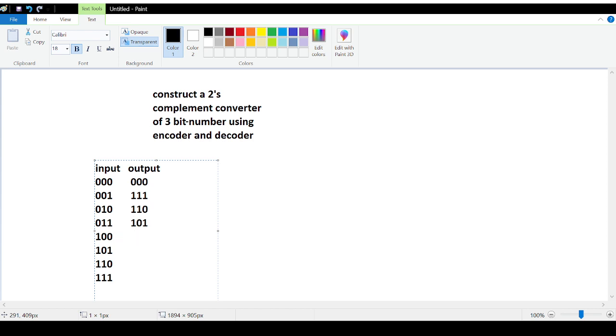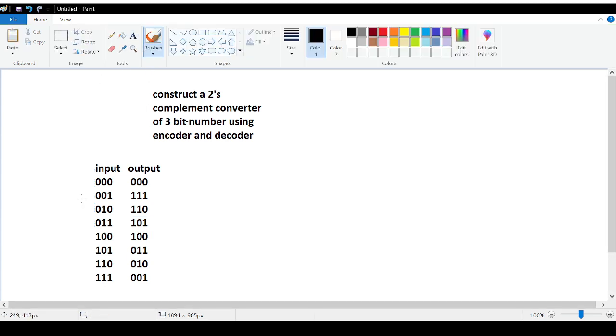For this, what will be the output? 100. Then this 011, then this 010, and ultimately this will be 001. So for each of these inputs, if I give 011 as input, I want 101 as my output.